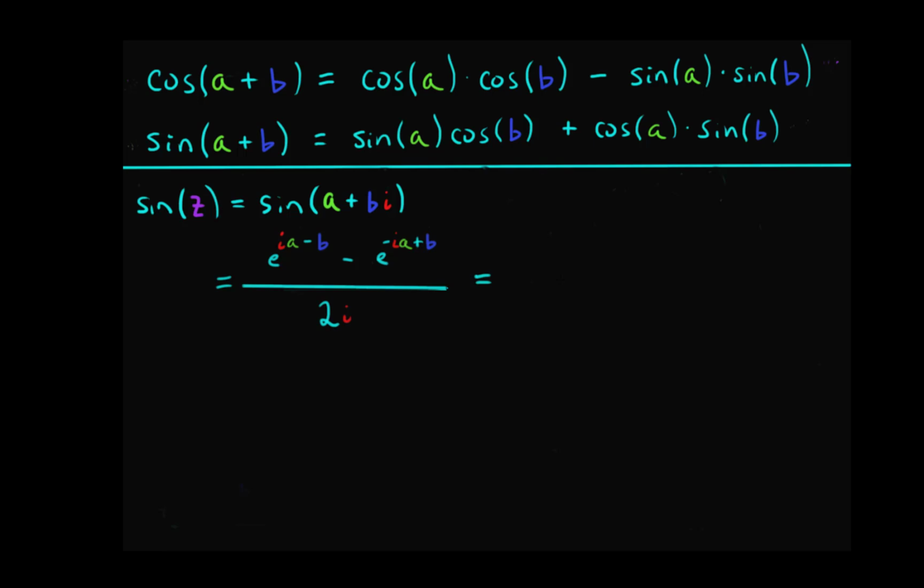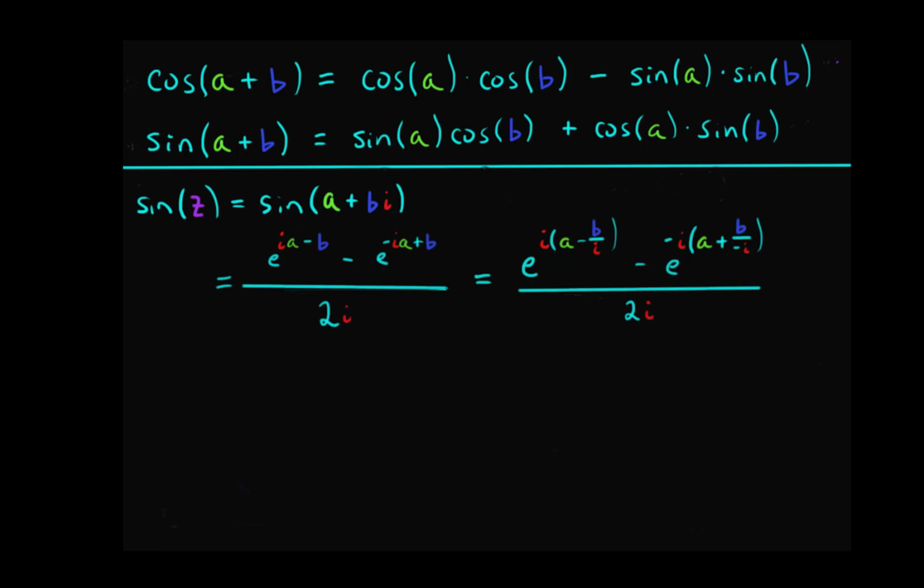And now to get this expression in terms of z, we factor out i from the first exponent, so we get e to the i times open parenthesis a minus b over i, close parenthesis. And then the second term we factor out negative i, so we get minus e to the negative i times open parenthesis a plus b over negative i, close parenthesis, all over 2i.